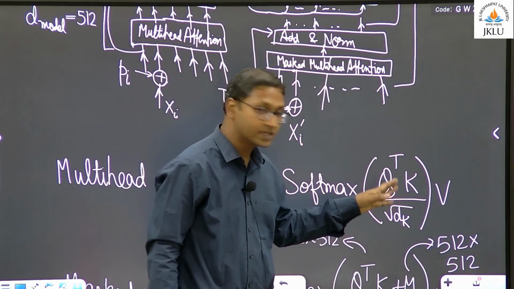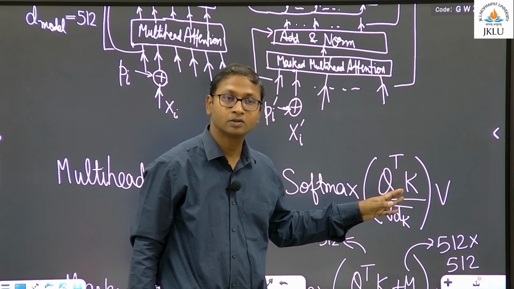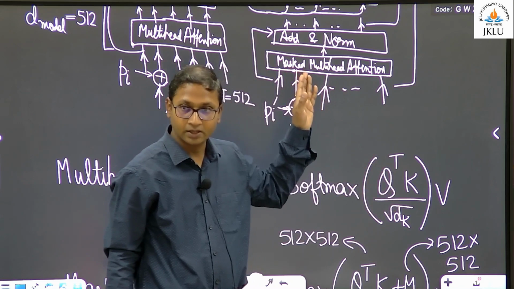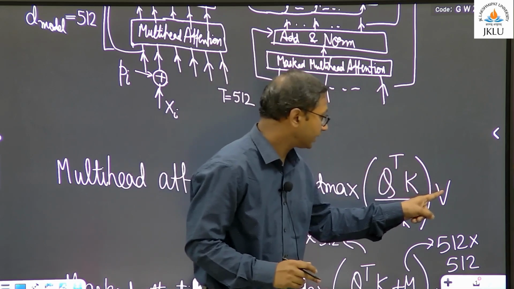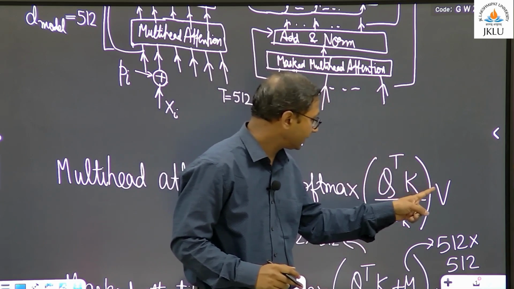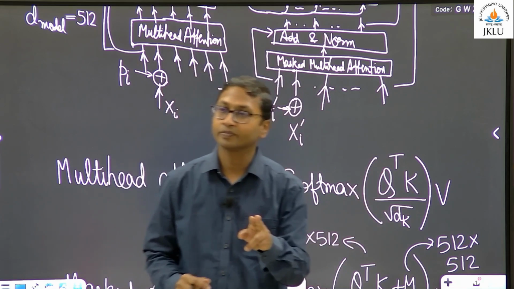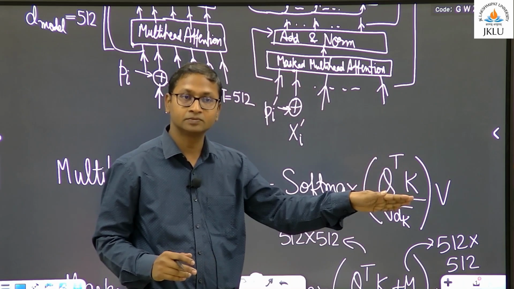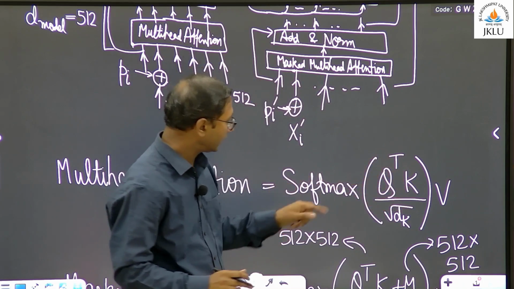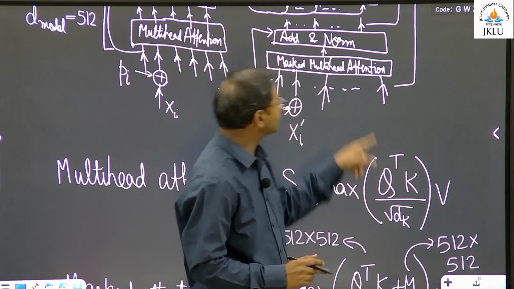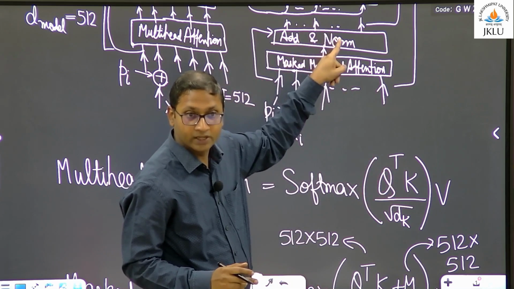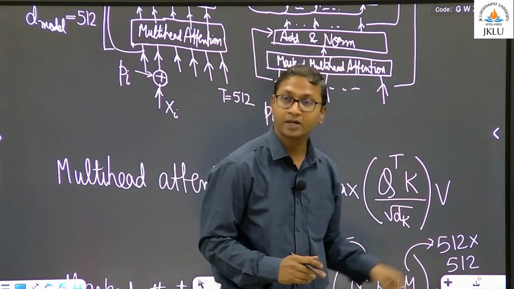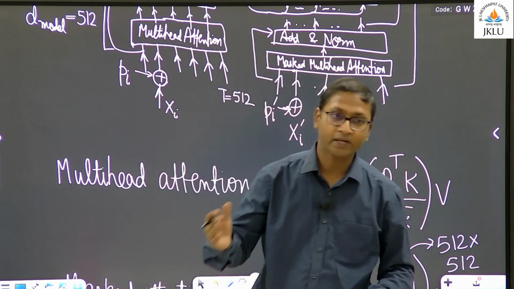And this is what we exactly do in case of cross attention as well. Just that V and K, they will come from encoder. So what is encoder actually passing? These values. Okay. So Q is from my decoder, K and V come from encoder.